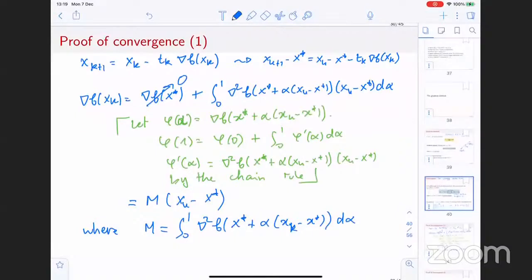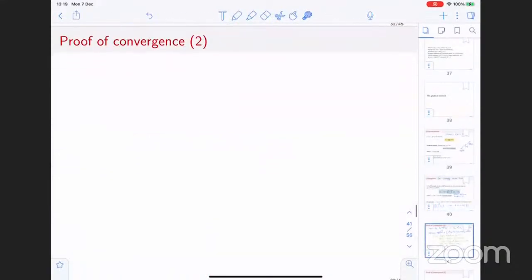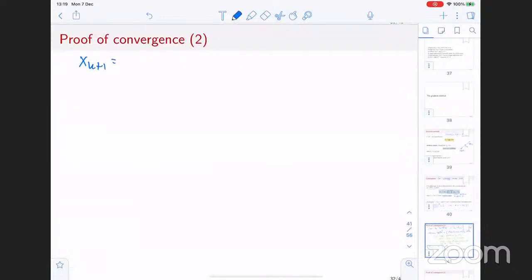So the gradient of f at x_k is M times (x_k minus x star). Now I can plug this into the formula. So I have x_{k+1} minus x star is equal to x_k minus x star minus t_k times M (x_k minus x star).